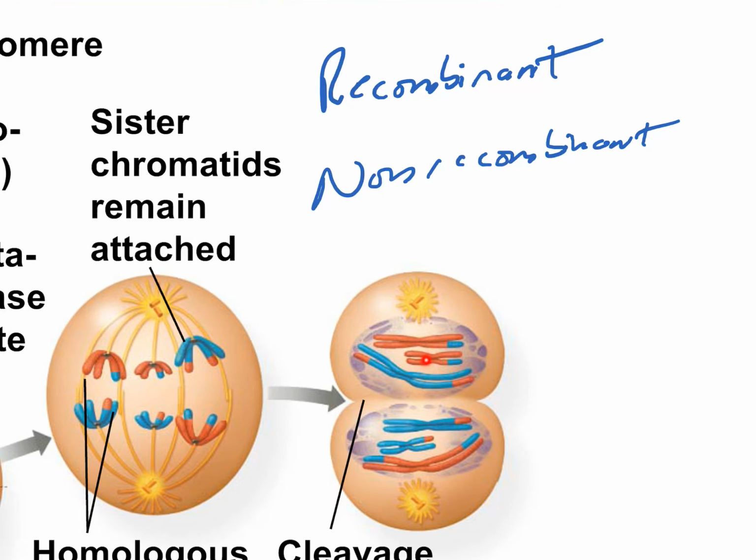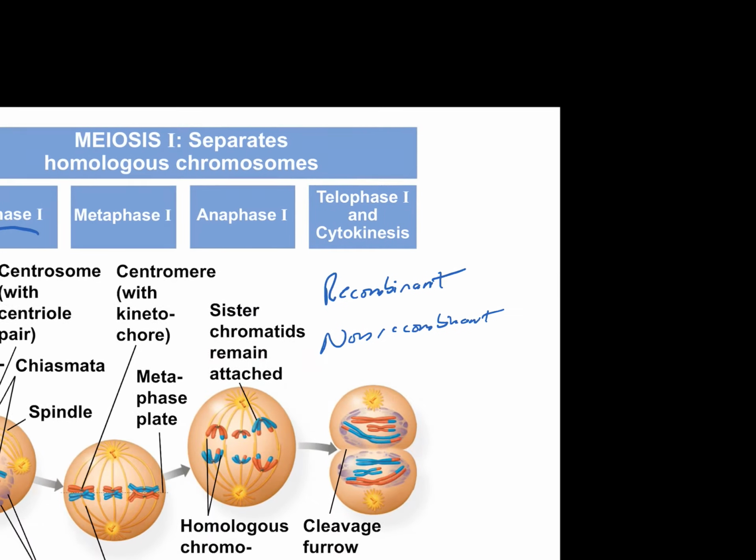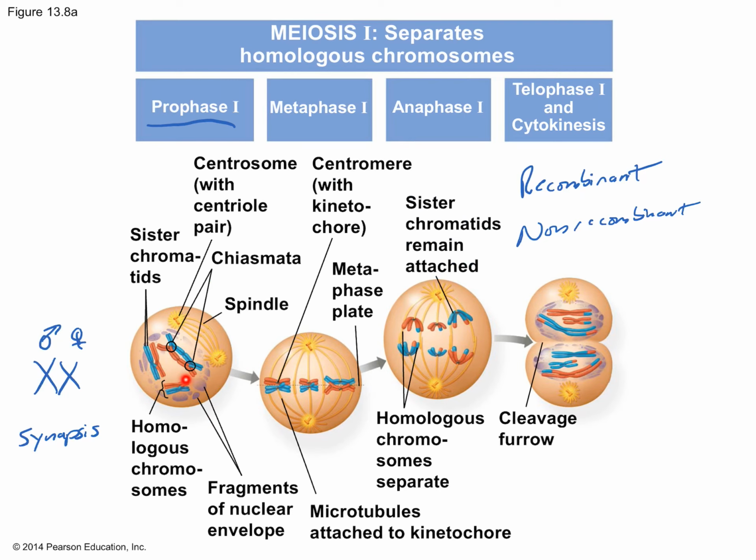In this nucleus, 1, 2, 3. We started off with one nucleus that had 1, 2, 3, 4, 5, 6. We've gone from a diploid number of 6 to 2 haploid nuclei with a haploid number of 3 each. And that's because of anaphase and the fact that they line up in double file at metaphase 1.